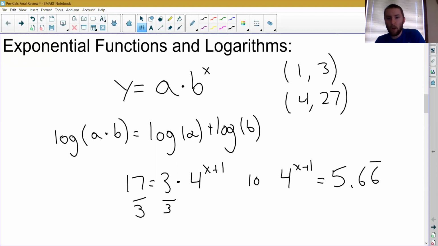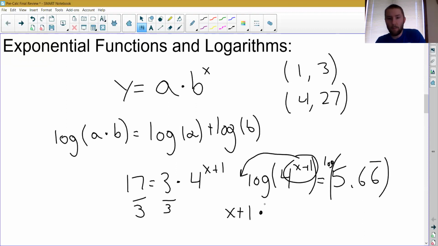And then if we log both sides, or natural log both sides, right, we can take this x plus 1 and bring it to the front. Remember, that was the power rule of logs. So x plus 1 being multiplied by the log of 4 is equal then to the log of 5.66, and we could continue by dividing away the log of 4, subtracting 1, and we would find our answer.